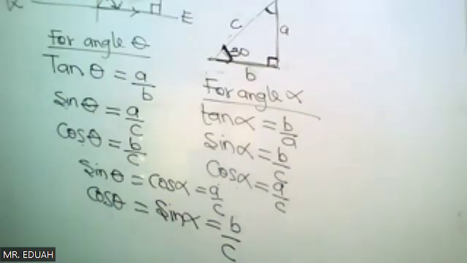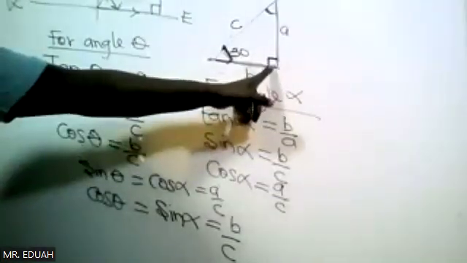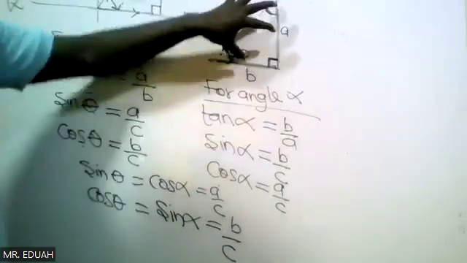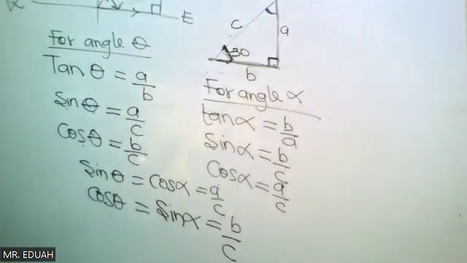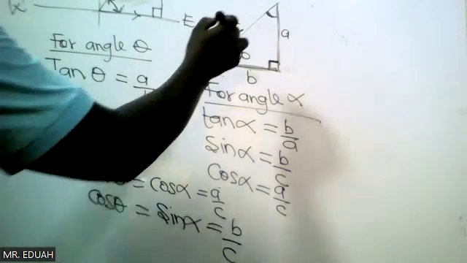It will be 60. Once this is 90, this must also sum up to 90 to total 180, because the sum of angles in a triangle is equal to 180. So this is 60.